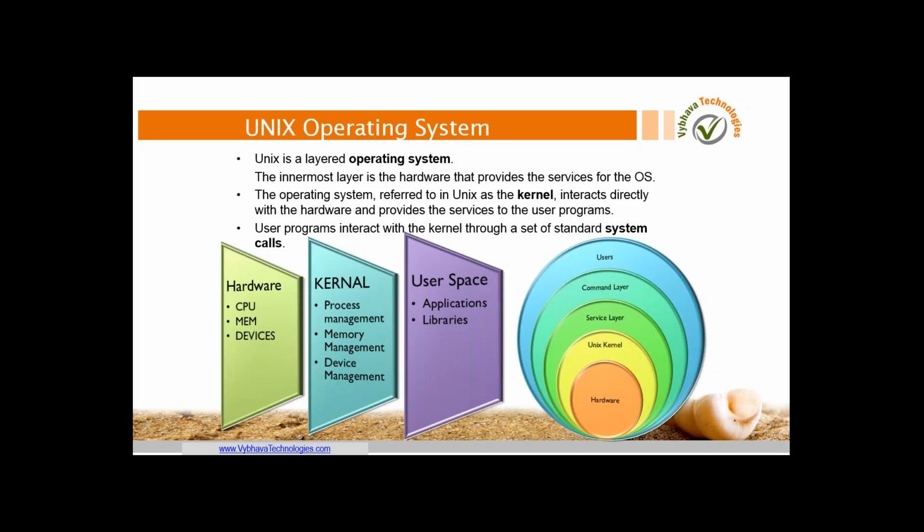The first layer is hardware. The hardware contains a system of a number of subsystems: CPU resources, memory resources, devices. So in Unix, they defined that all these system resources can be connected with files. Everything is a file in Unix, in Linux.